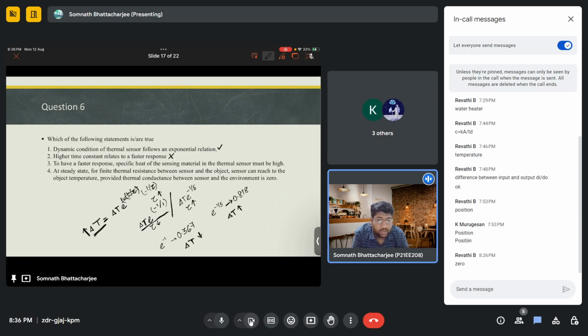So the specific heat of the sensing material should be high, because it is the correct one. What we need to know is that the thermal sensing material should be of superior quality, and what key parameters it has that the faster response time depends on.